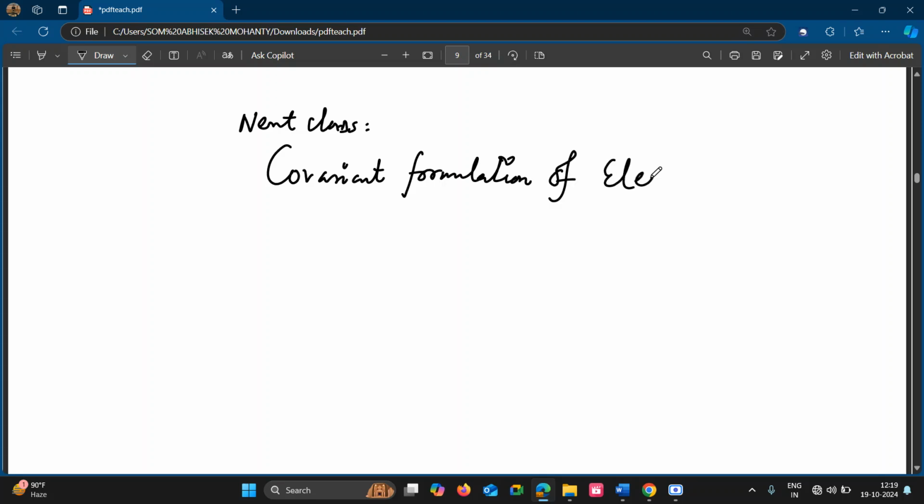That is the covariant formulation. Next class, covariant formulation of electrodynamic equations. We'll slowly delve into relativistic electrodynamics, electrodynamic equations, Maxwell's invariance, Maxwell's covariance under Lorentz transformation.